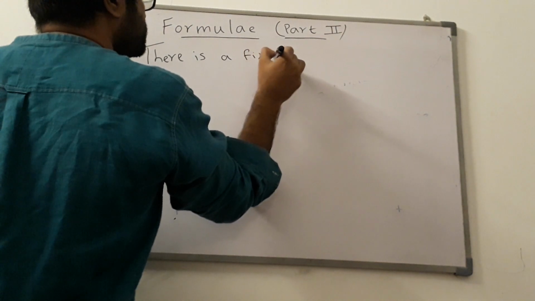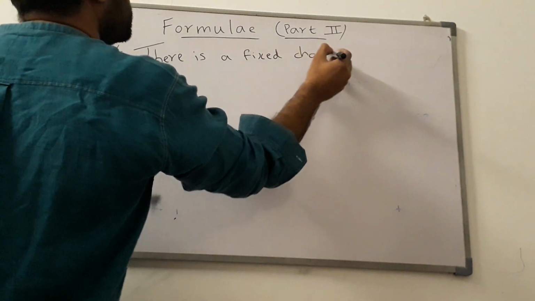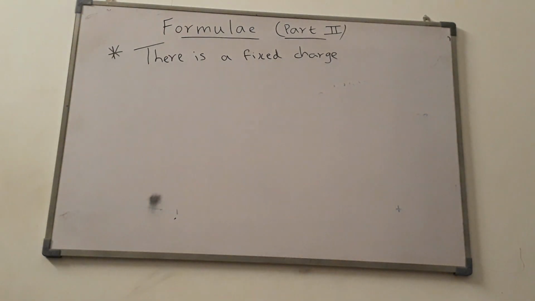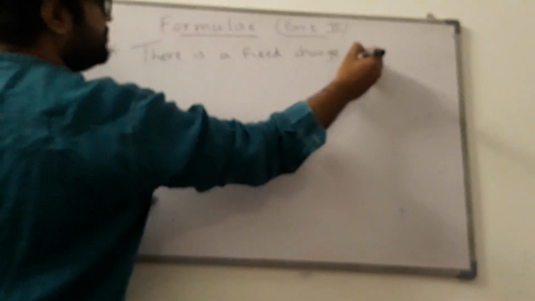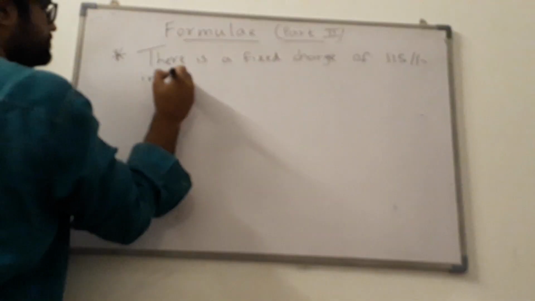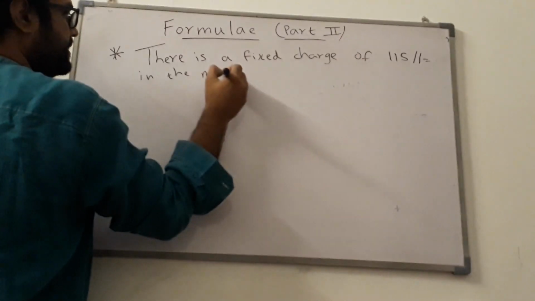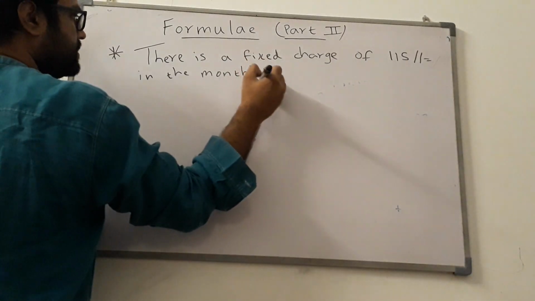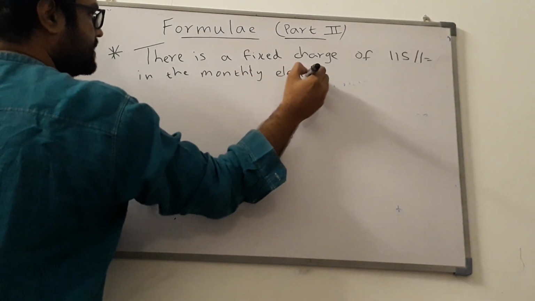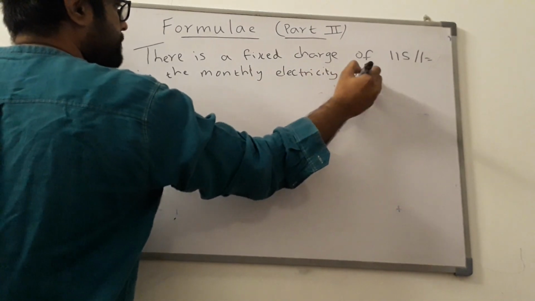There is a fixed charge of 115 rupees in the monthly electricity bill of a certain city.